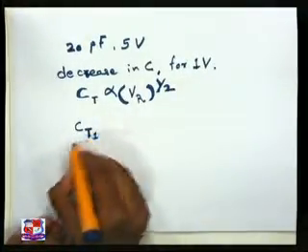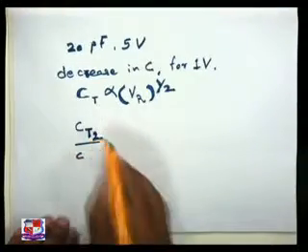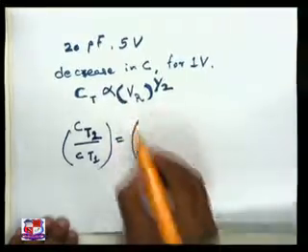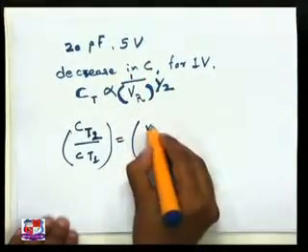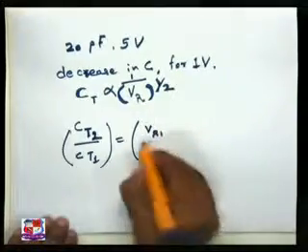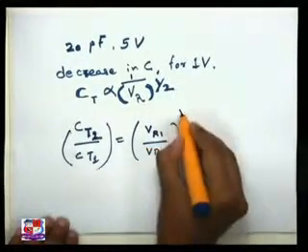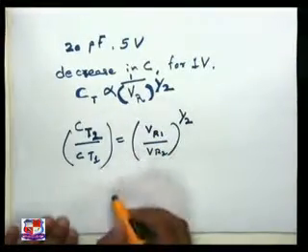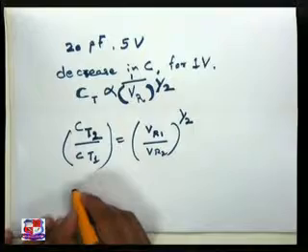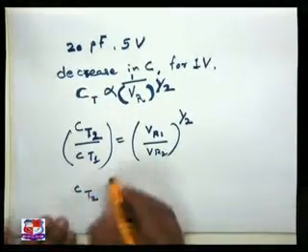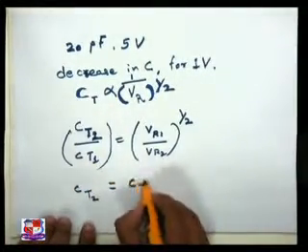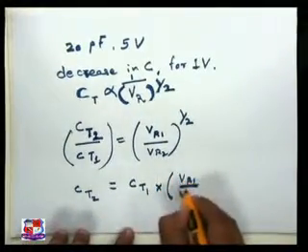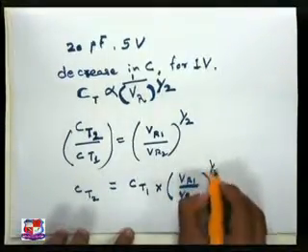So we can have CT1, and the ratio CT2 to CT1 can be given as, it is actually inversely proportional, so that can be given as (VR1 upon VR2) raised to half, right? So we can easily find out CT2, the next capacitance value, by multiplying CT1 into this ratio (VR1 by VR2) raised to half, right?